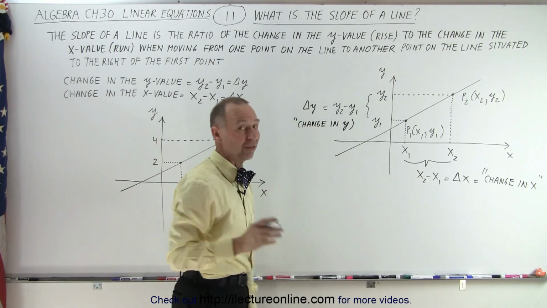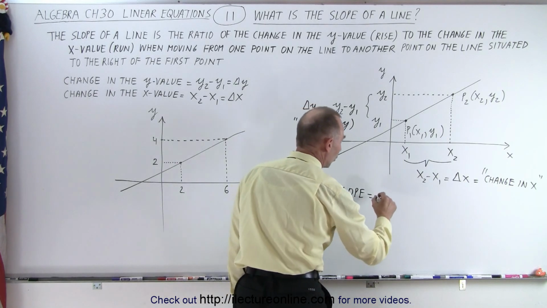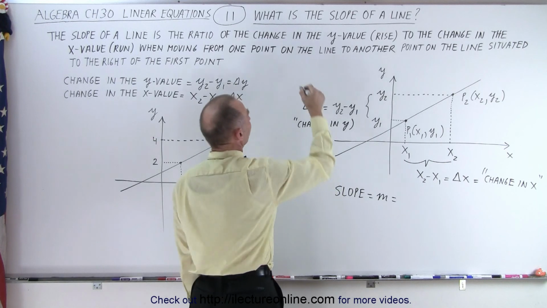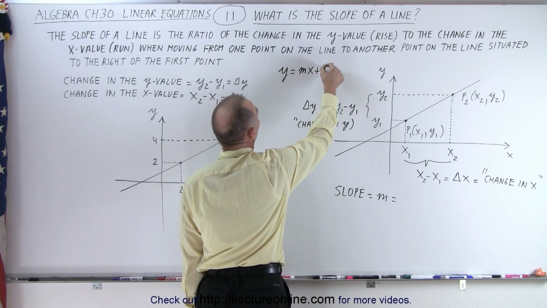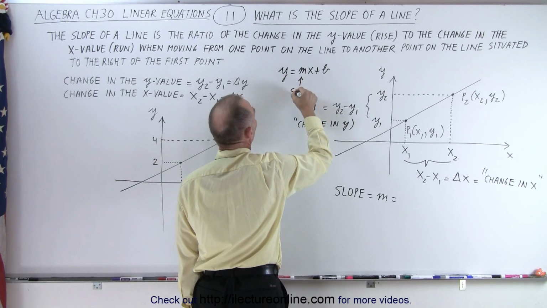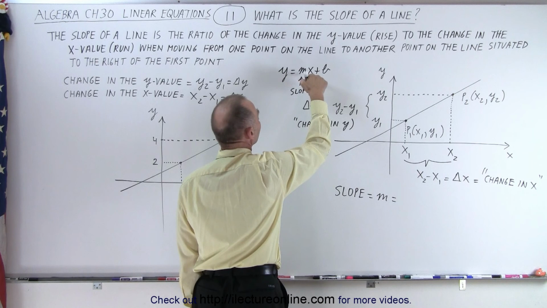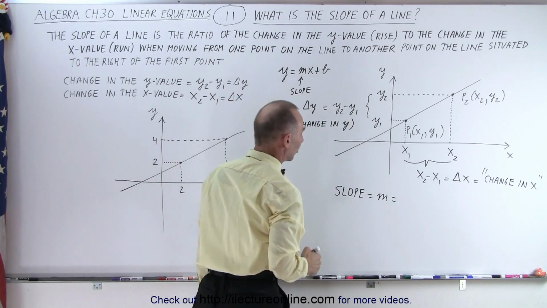So now, by definition, the slope, and we can also use the letter m for slope because the slope-intercept form of the linear equation can be written as y is equal to mx plus b. So we're looking for this value right there. We're looking for the slope, the value in front of the x coordinate when we write it in the slope-intercept form.